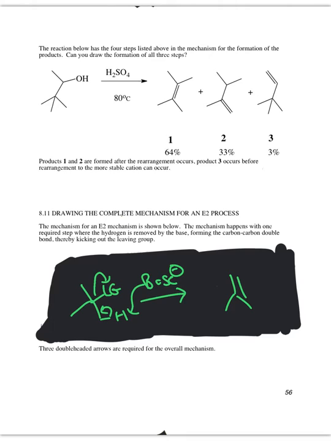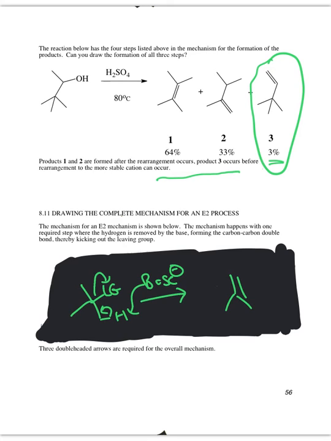The first 2 are formed after the rearrangement occurs. The third one forms before the rearrangement occurs, and that's why it's only formed in a very small amount. And on the next page, what we're going to do is draw the mechanism for the formation of all three products so we can see what happens.